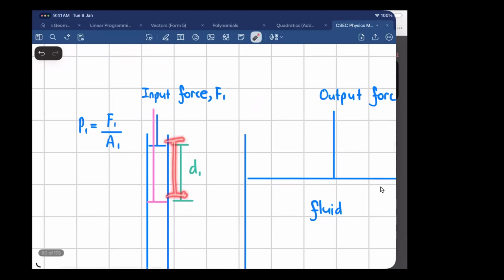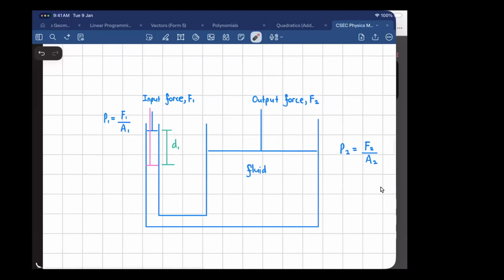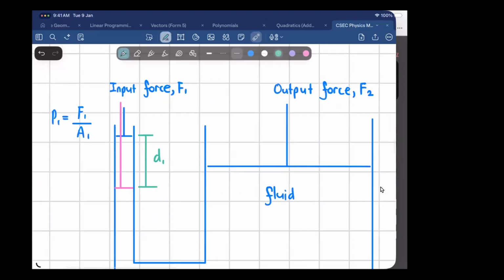Now think logically, intuitively. This is a much larger plunger. Do you think it's going to move over by the same distance? No, it's not going to move by the same distance. But we said at the start that the pressure needs to be conserved. The pressure must be the same. That's what we said.